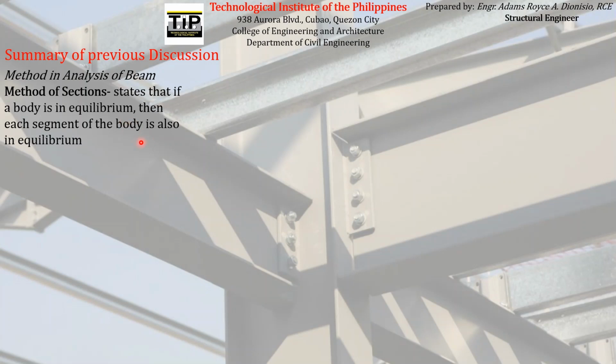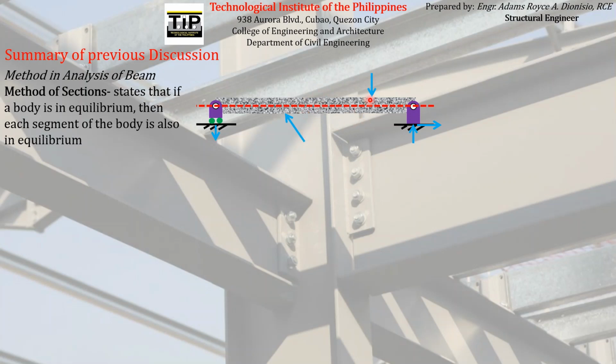The method states that if we have a beam loaded by some type of loadings, for example, and we want to find the internal forces acting at a specific location inside the beam, say this location, all we have to do is cut the beam into segments.